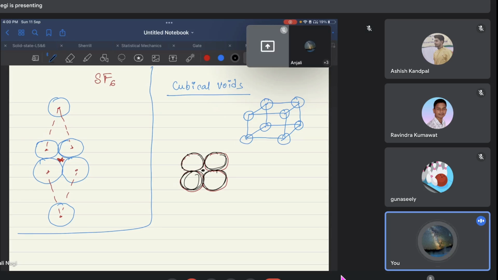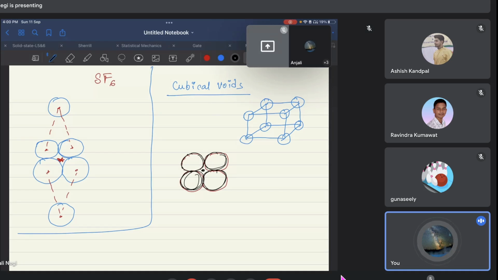Okay, so that's how we know that the packing of atoms or molecules in a crystal changes, because how the packing is happening changes the void formation, and that's how the packing fraction also changes, correct?